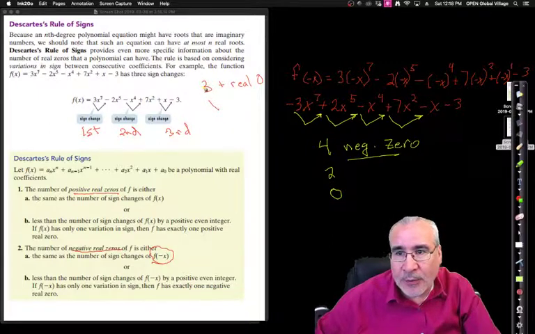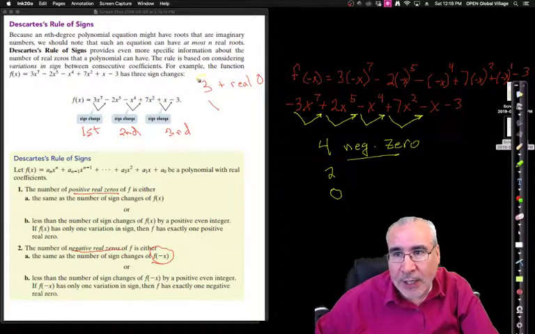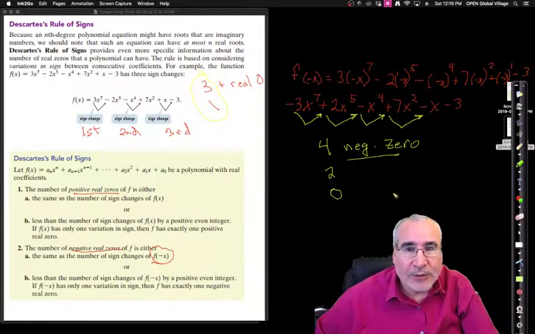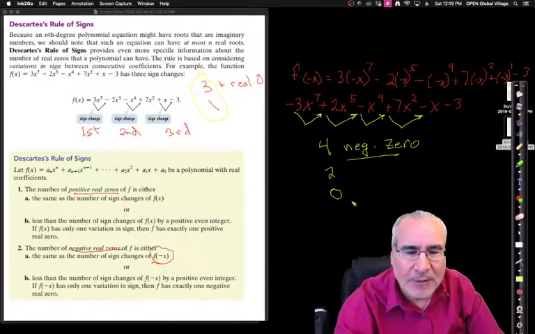As far as the positive zeros are concerned, we have either 3 or 1. So that gives us a potential for possibly having 7 real zeros, right? 3 positive, 4 negative. But we could have less than that. We could have just 1 positive real zero, and we could have 0 negative zeros, which is kind of confusing to say.